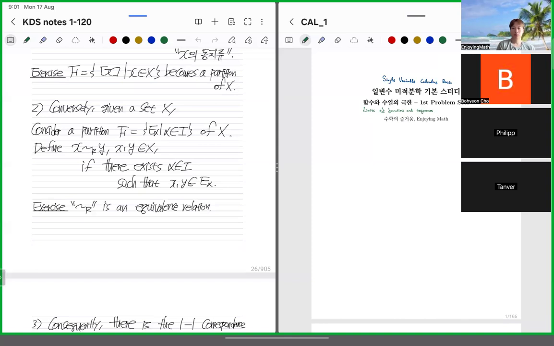So if you were to write a formal proof, how would you approach that? That is the problem, right?